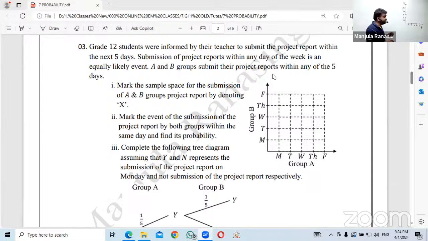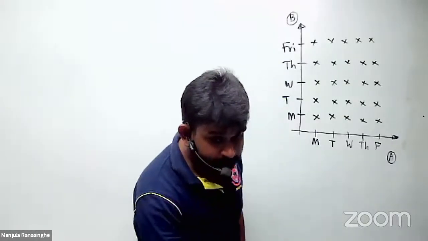Okay, so all the events being completed. You can mark these events totally. So these all events being marked. Okay. Now we can see the board.